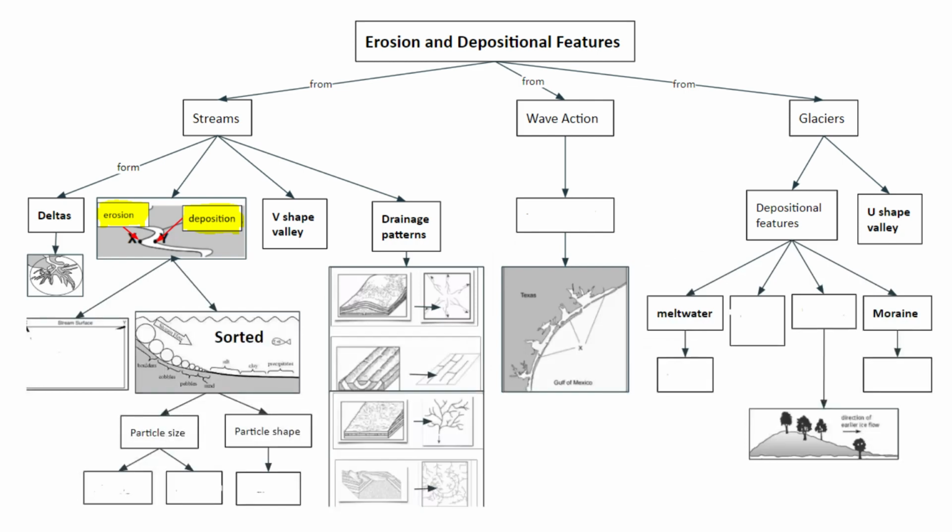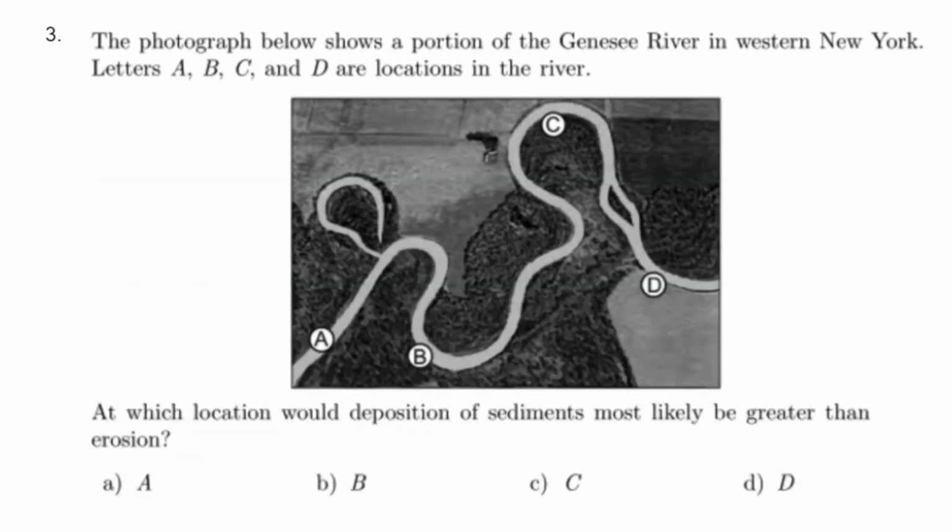You already have this in your note packet. Just remember, in streams, erosion will happen where you can't fit a capital letter D, and deposition will happen where you can fit a capital letter D. It also helps me to think that deposition will happen on the inside curve, and the erosion will happen on the outside curve.